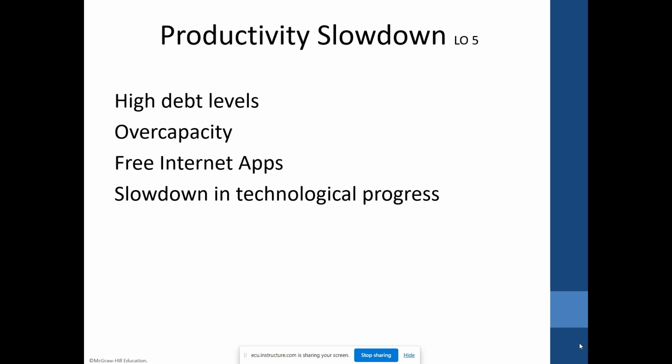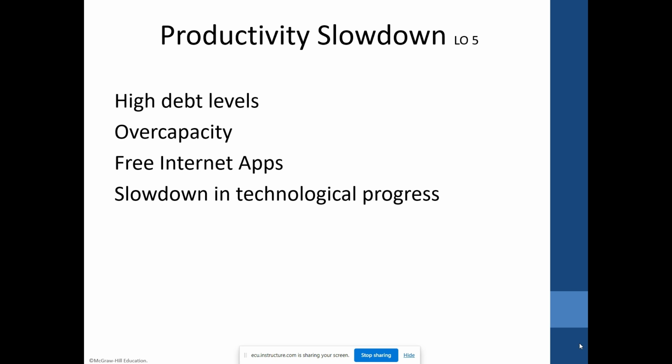It is not clear why productivity rates have slowed. The growth seen in 1995 to 2010 may have been an anomaly brought about by the information technology revolution.